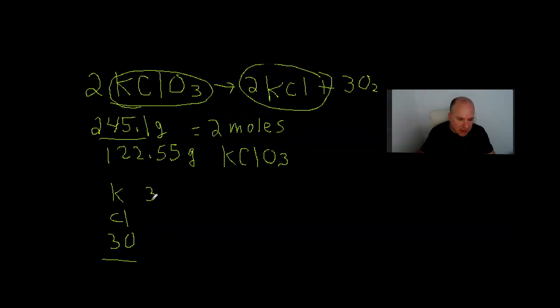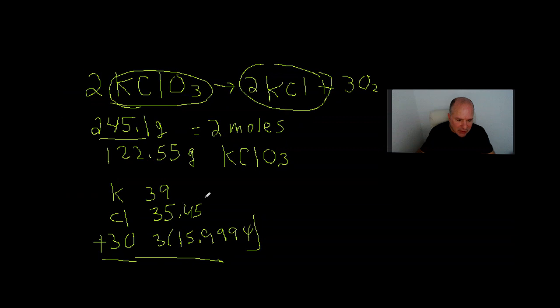There's no 2 there. So this is about 39, this is about 35.45, and this is 3 times 15.9994. Okay, and I left some of the decimals out, but you keep the decimals in, you add it all up, you're going to get approximately 122.54 or something, but it rounds to 122.55.